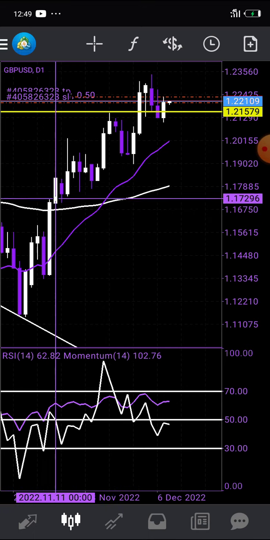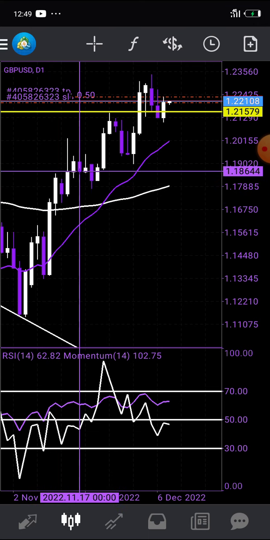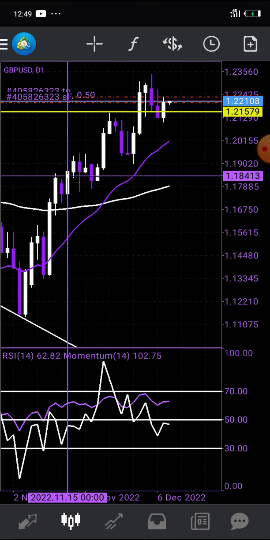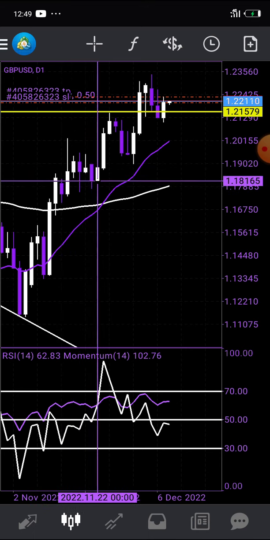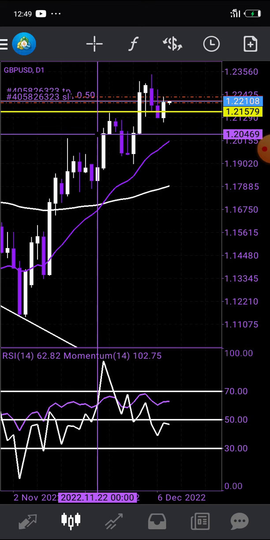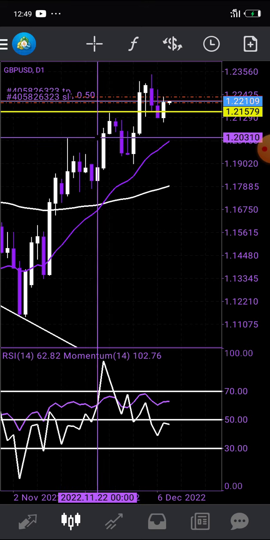At this point, this is on a daily time frame. Be careful to wait for the right time to get in on a trade. At this point price came down to retest this level. After this point, this is a good time to enter a trade. You ride it up to this level, where it came down to retest this area.